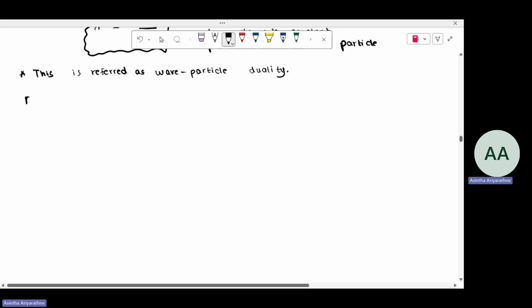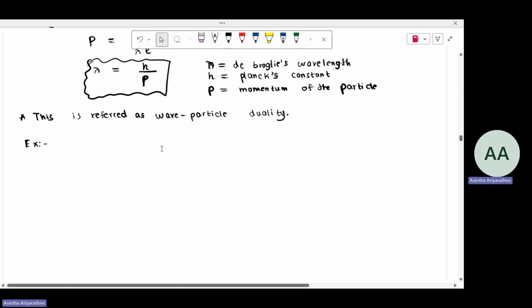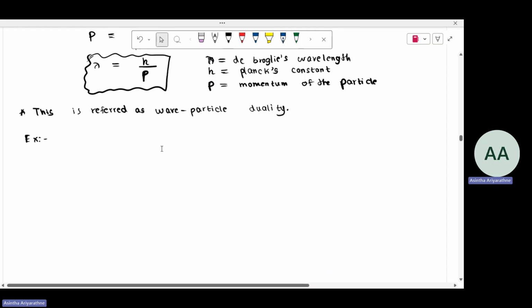Now let's, for example, try to find the wave particle duality for a ball and an electron. Right?